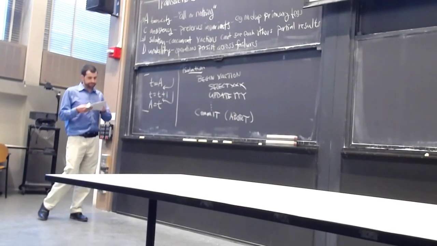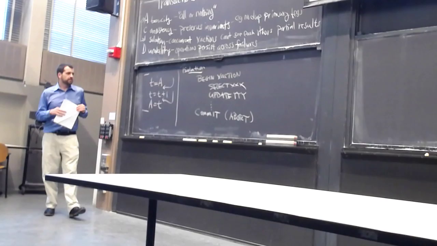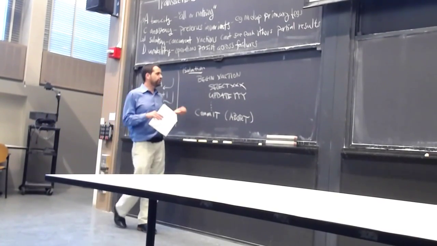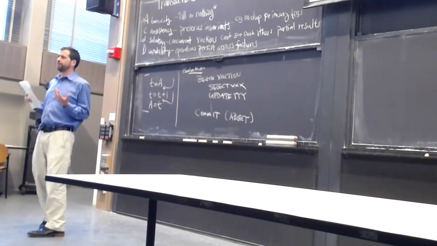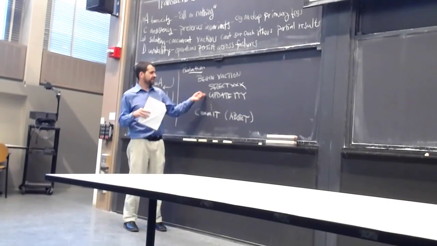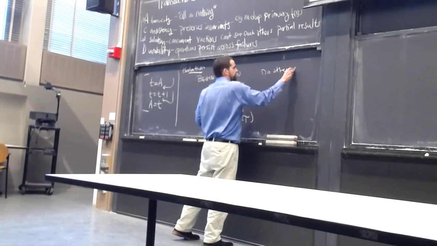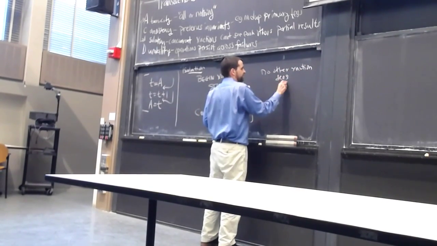Okay, so just to make a few things clear about the way that SQL actually does this, there are some nuances about what the specification is that SQL provides. First of all, no other transaction sees intermediate updates.